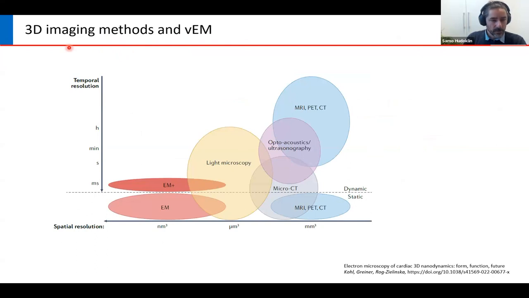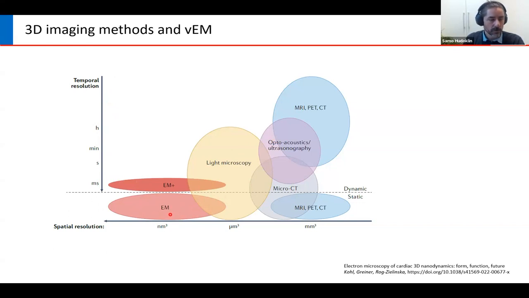To place volume EM among other imaging methods, we see that electron microscopy has the best spatial resolution. Of course, the consequence of this is that you cannot reconstruct such large objects as with some other techniques. Or for instance, you cannot track dynamic processes, but it gives you good resolution.